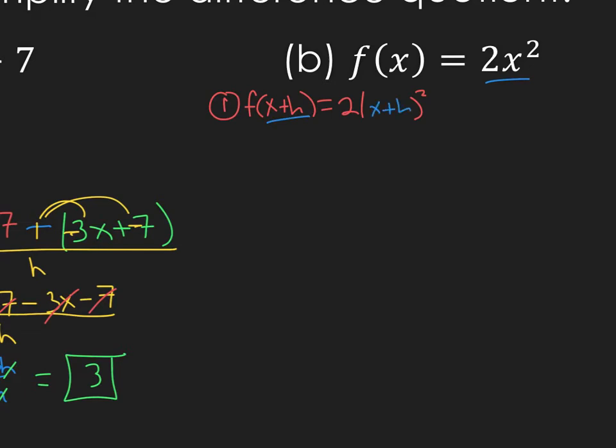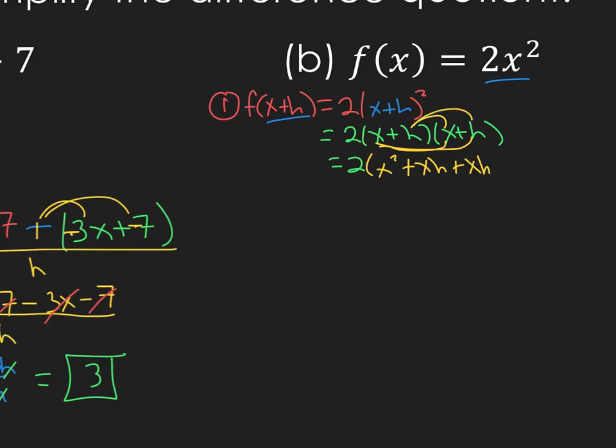Now, remember, you're going to write the x plus h twice and then distribute. Okay, so we'll have the 2, and then we'll have our x squared plus xh plus xh plus h squared.